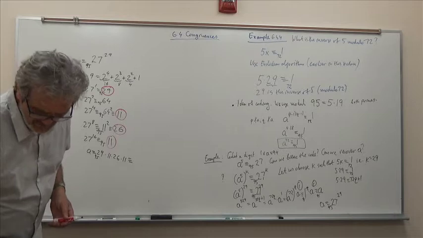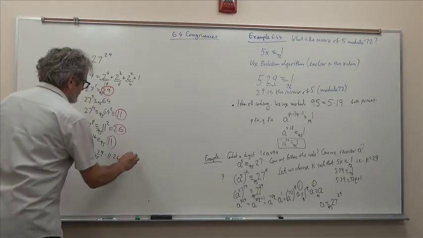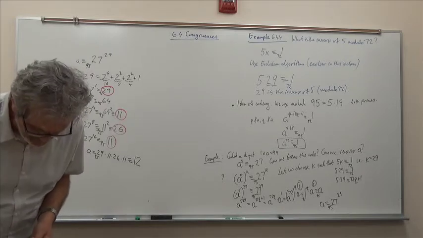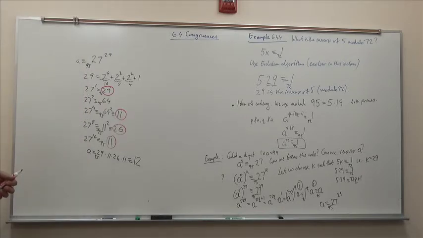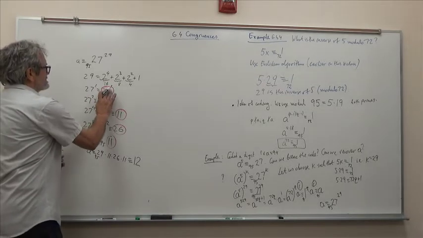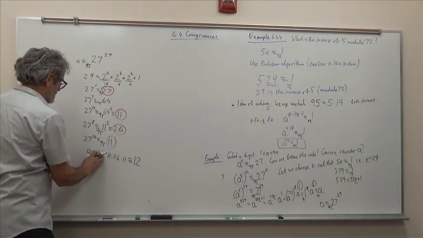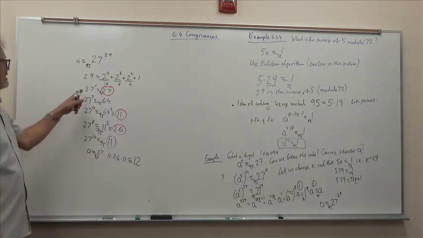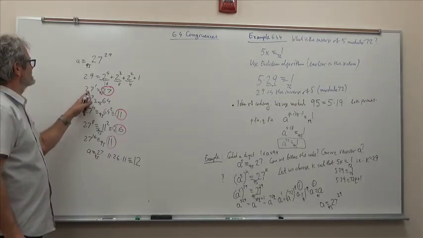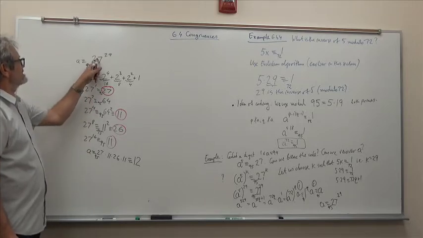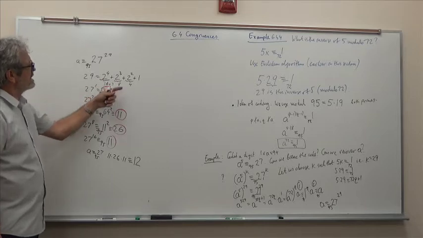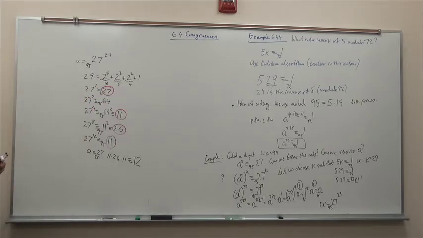When you reduce it modulo 95, you get 12. 27, sorry, this is 27, it's 11 times 11. 27 and 29 are close, but I shouldn't mix them up. 27 is the base, and 29 was broken into these powers, and then we're repeating it here.